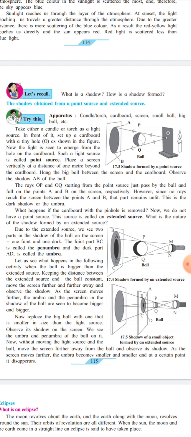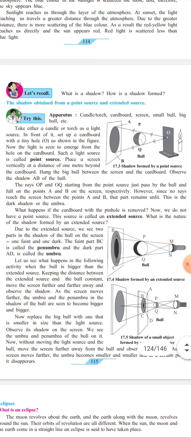In the previous class, we had already learned. Now shadows are of two types: those obtained from a point source, and an extended source. Now what is meant by point source and extended source? We are going to start learning in detail by using this activity.